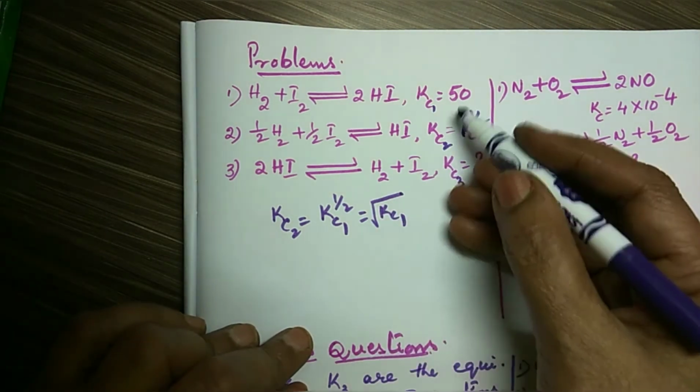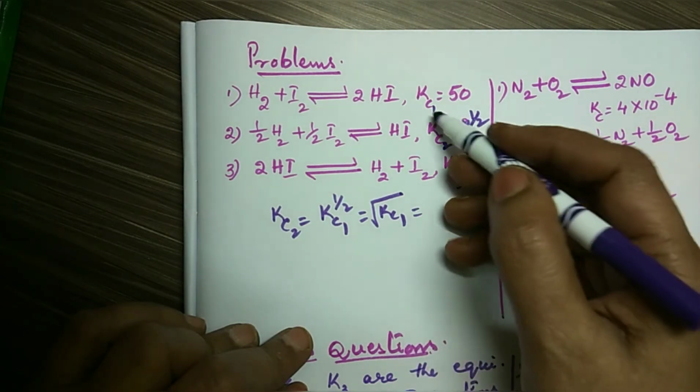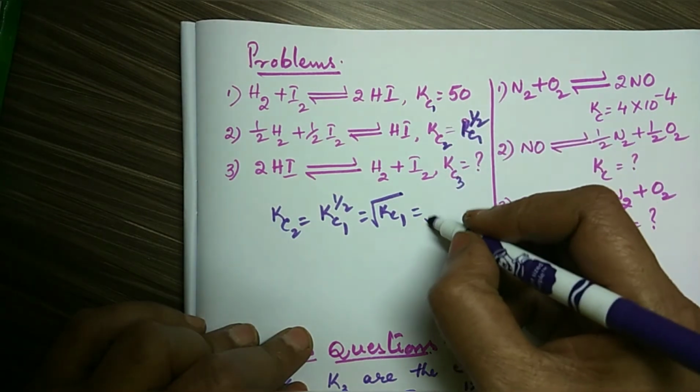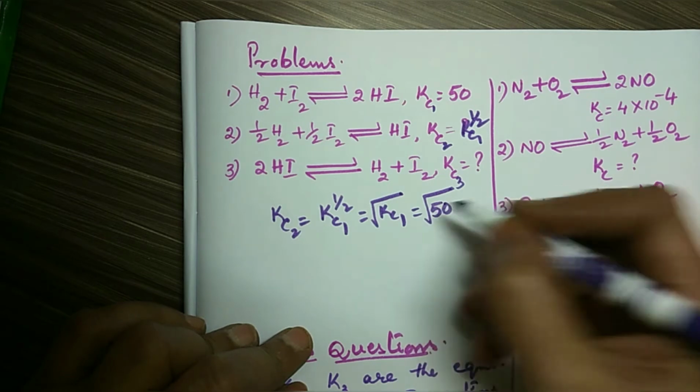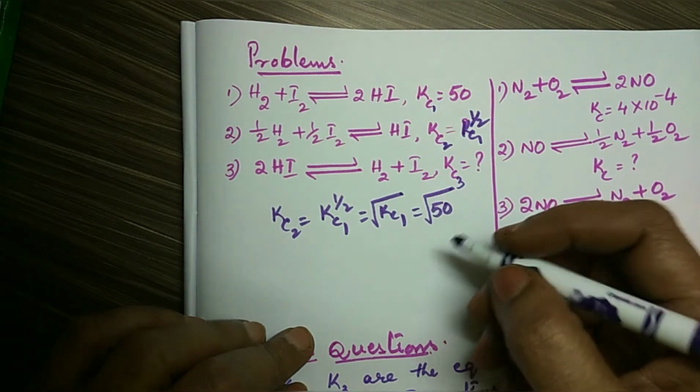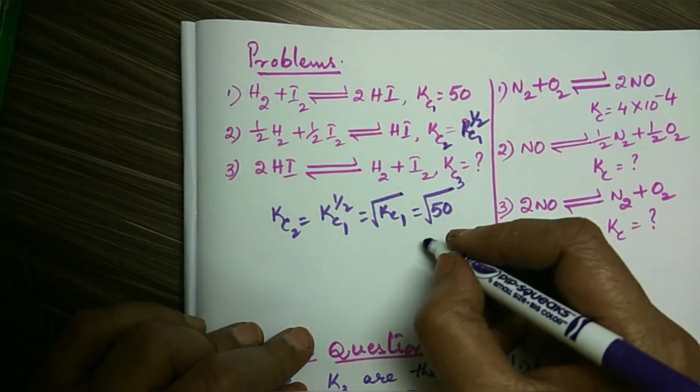Kc1 value is given here, so it is the square root of 50, which is almost equal to 7.